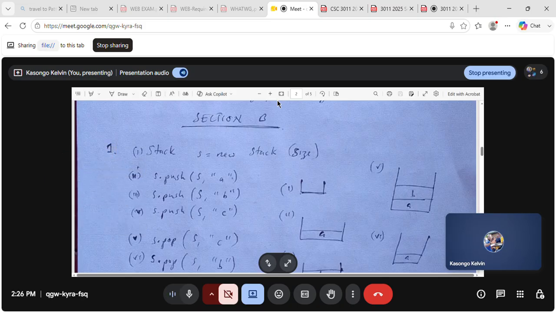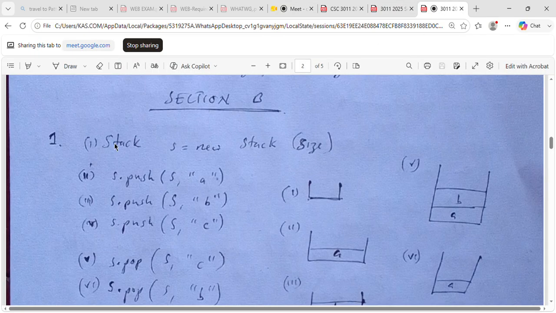Okay, for those of us who do remember, before I come in, what does this signify? Please unmute yourself. What does that mean?